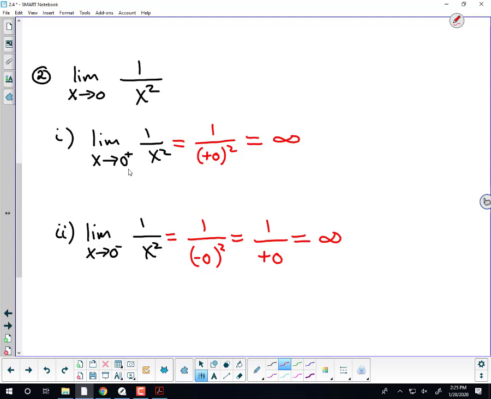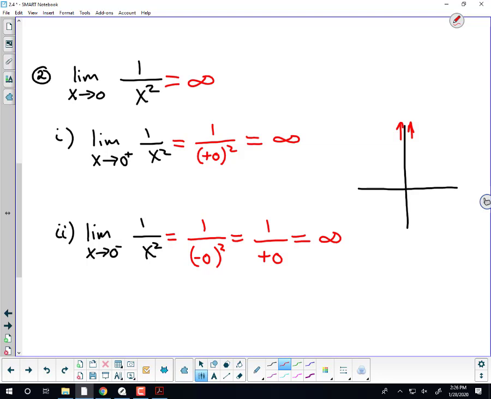So in this instance, what should we say about the limit as x approaches 0 of 1 over x squared? Infinity. We can say it's infinity, but we have to look at it as part 1 and 2. As far as what's happening visually, as we approach 0 from the right, the function's up here, and as we approach 0 from the left, the function's up here. They never actually touch, of course.